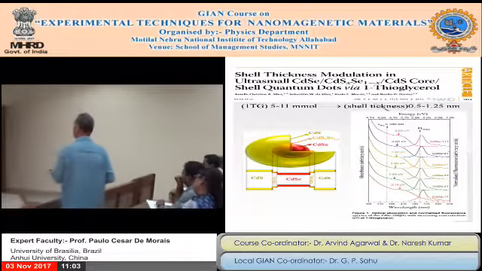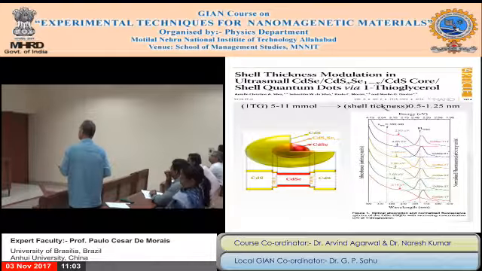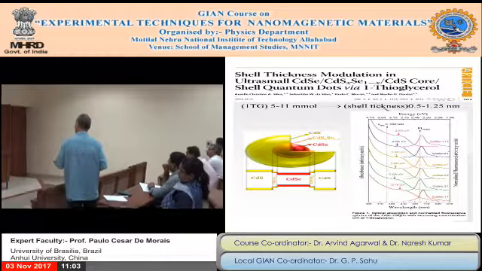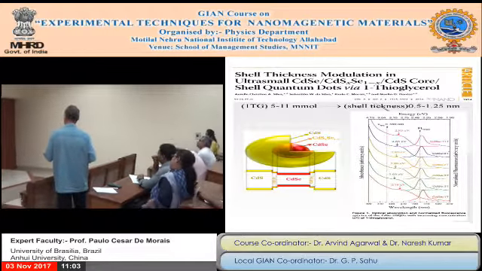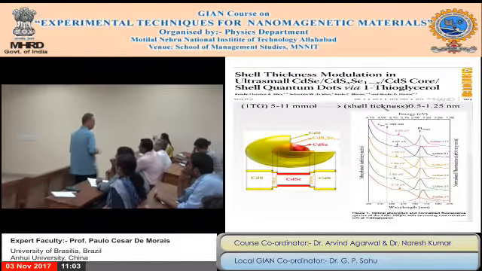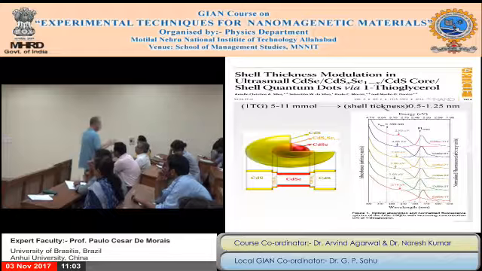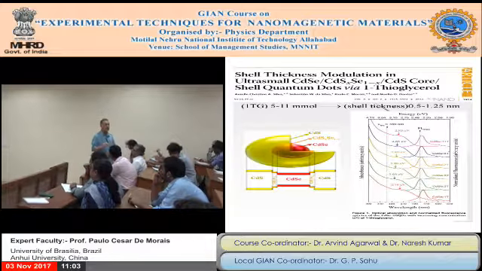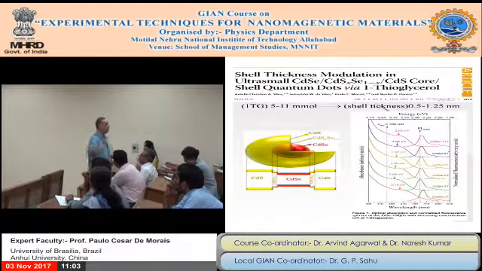So that's what we call shell thickness modulation. We manage to modulate not only the size of the core, but also the size of the shell. The optical properties of this material can be scanned across a range.